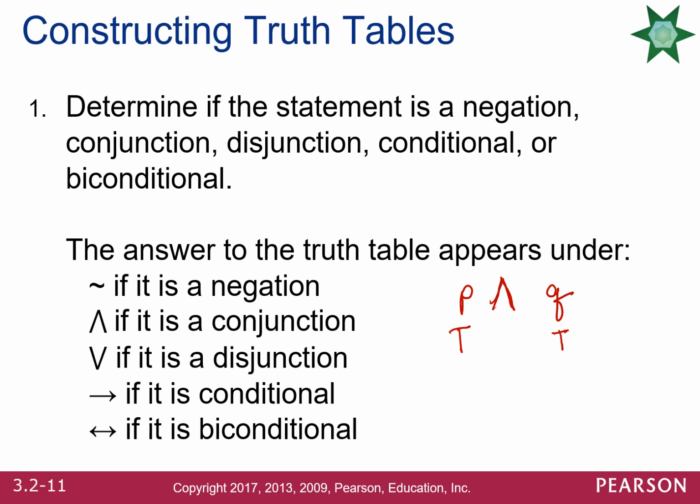So that true, the final result, is going to be written under the conjunction symbol. So it's going to be true. If P is true and Q is false, the final result will be a false. So that is how we are going to represent our truth table. All right, so that's what they're trying to say here.